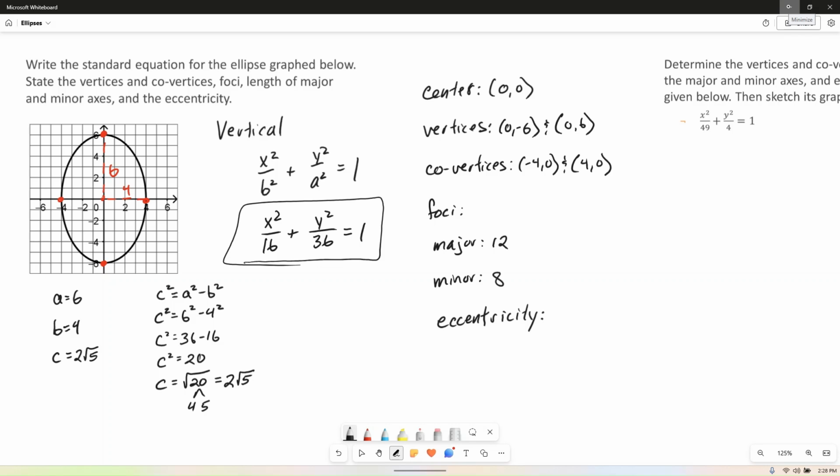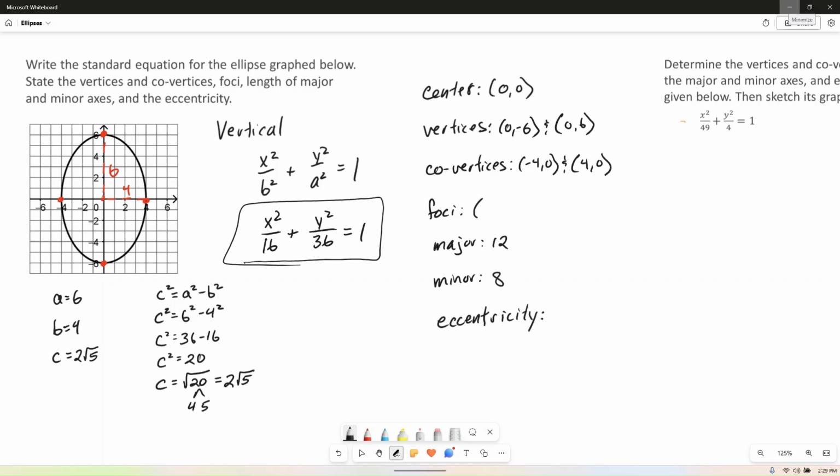That means I have to start at the center and go up a distance of 2 root 5 and down a distance of 2 root 5. Since we're traveling in the vertical direction, because our major axis is vertical, the foci are going to have the same x coordinate as the center and the vertices. It's just the y coordinates that are going to be different.